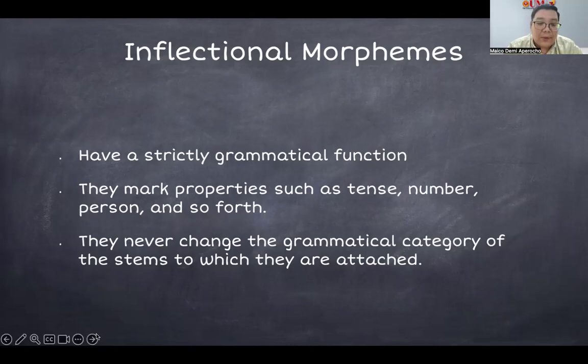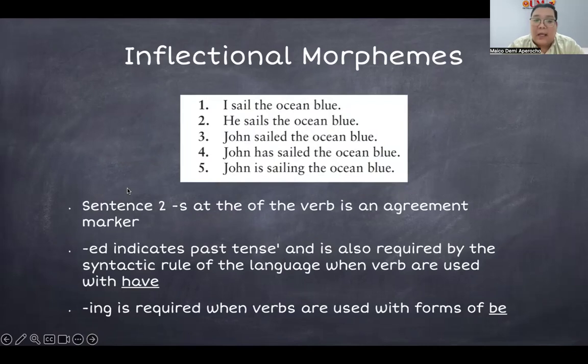Okay? So let's see these examples. I sail the ocean blue. He sails the ocean blue. John sailed the ocean blue. John has sailed the ocean blue. And John is sailing the ocean blue. If you notice, for the five sentences that you are seeing on your screen now, sail consistently functions as a verb.